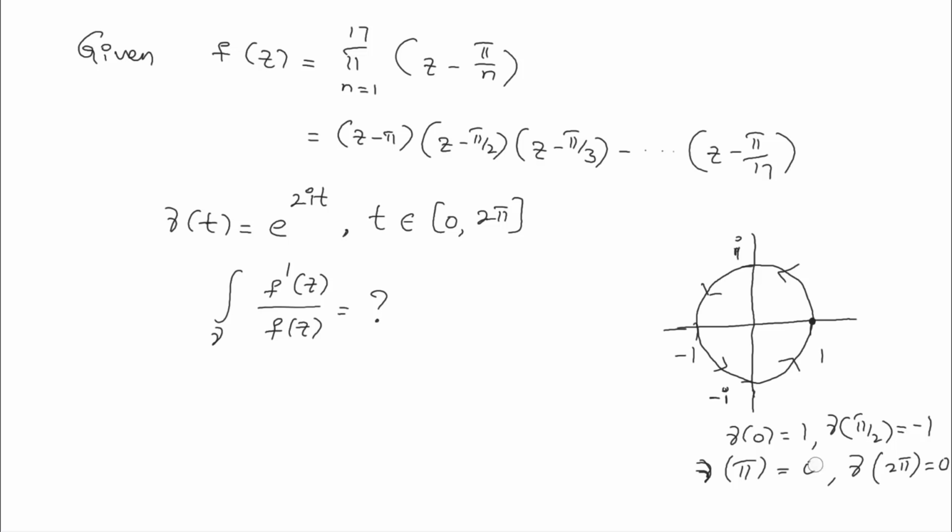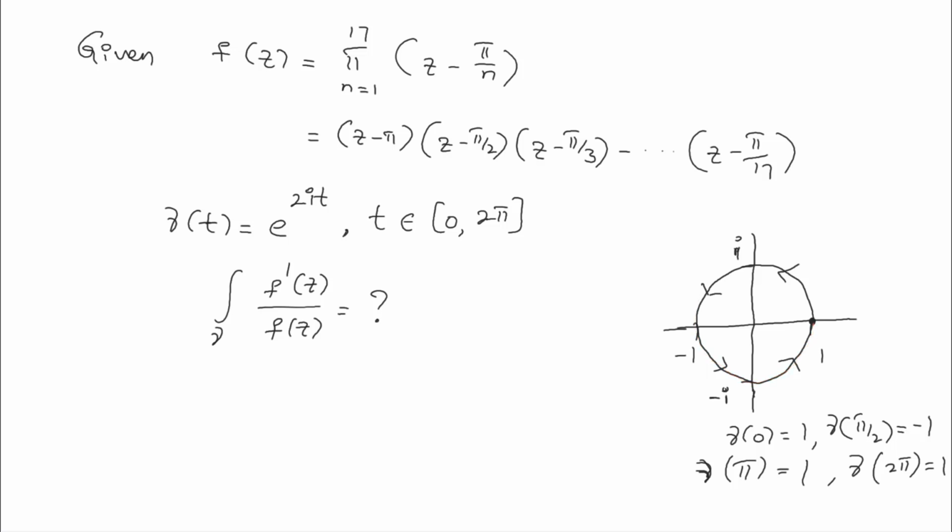When the value of t is pi, it is 1 again. So by the time you move t from 0 to pi, you are moving the curve gamma along this circle one time.